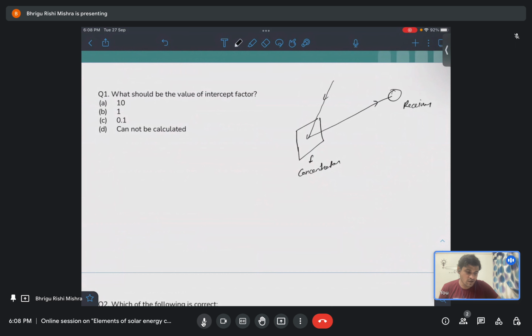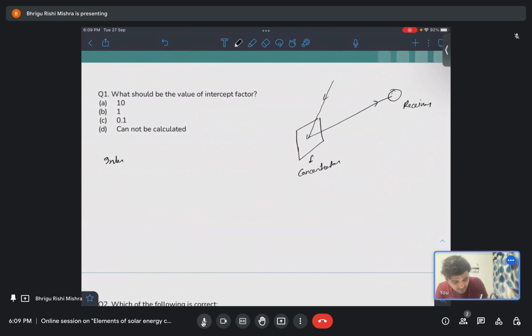So there is an absorber here which absorbs this energy, and the temperature of that absorber rises to a maximum of like 200-300 degrees centigrade, and then there will be a fluid, either water or molten salt, which absorbs this absorber's heat, and then it is used in a Rankine or any other cycle to produce electricity. Okay, so the first question is, what should be the value of intercept factor? Now what is intercept factor?